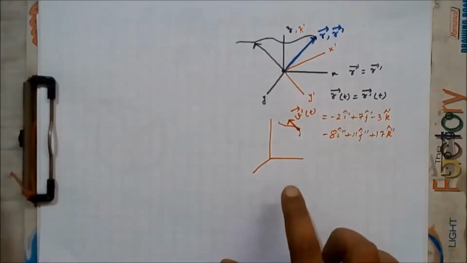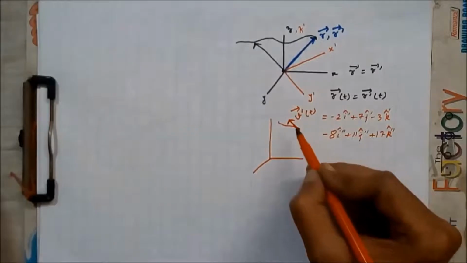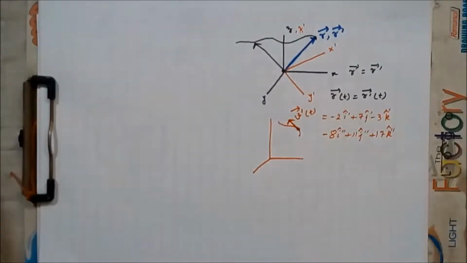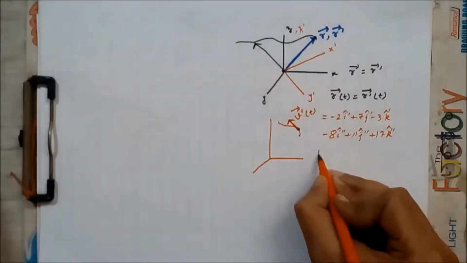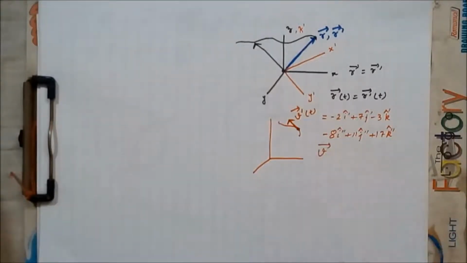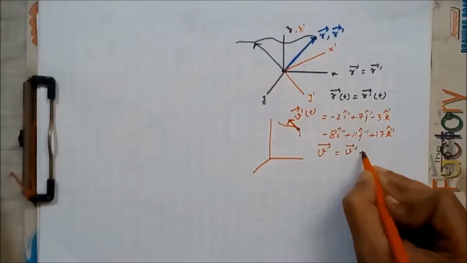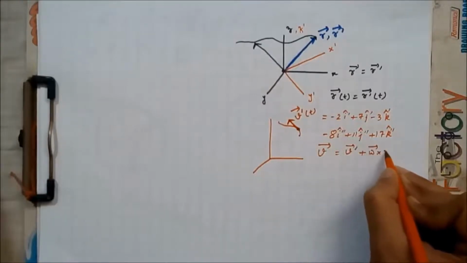However, from a different frame of reference, the velocity of this particle as a vector will be a completely different vector. For example, in this video, we shall see that the velocity vector of a particle as seen from the unprimed frame of reference will be given by v primed plus omega cross r.